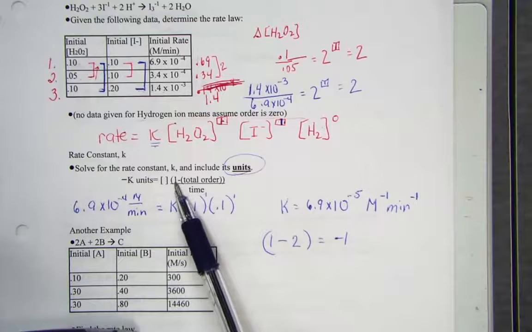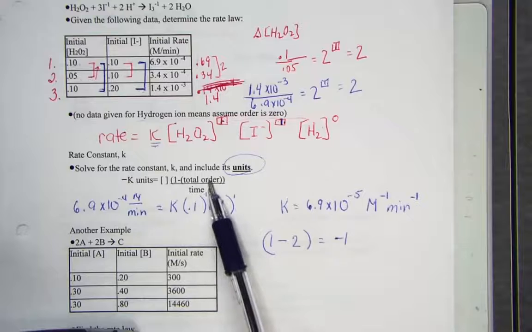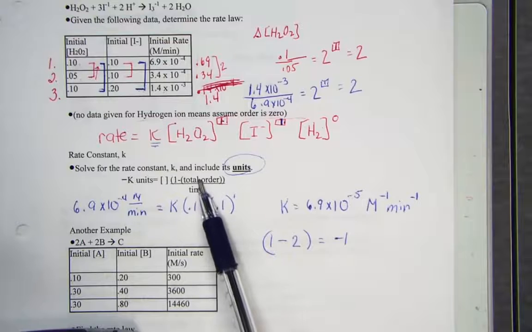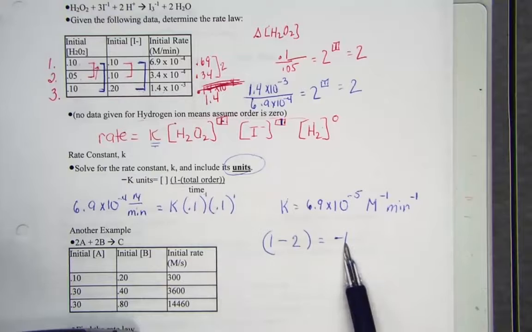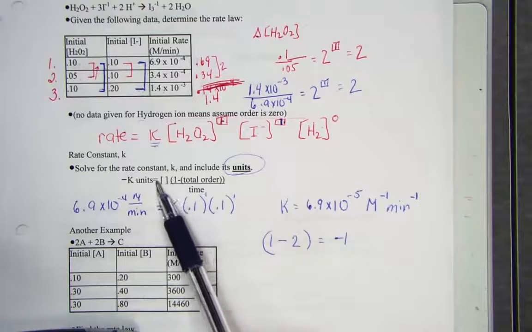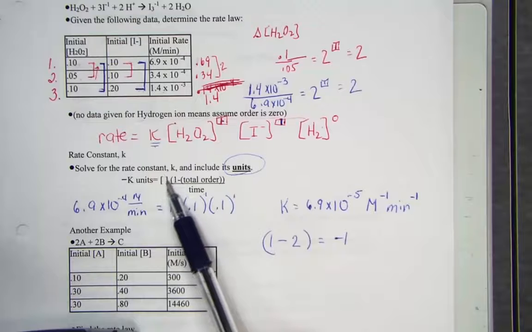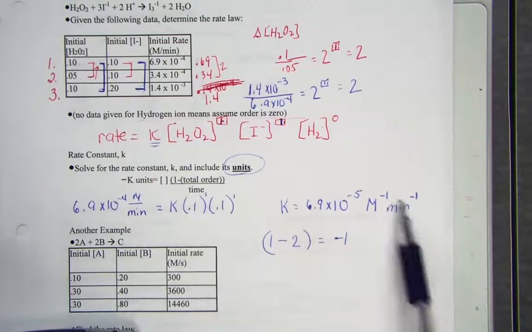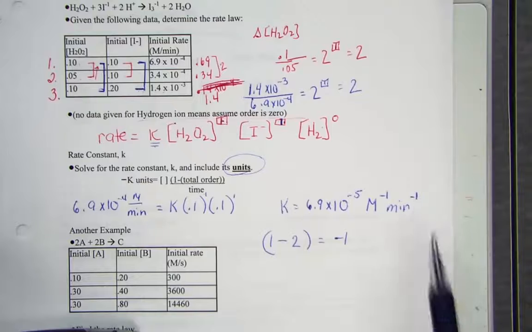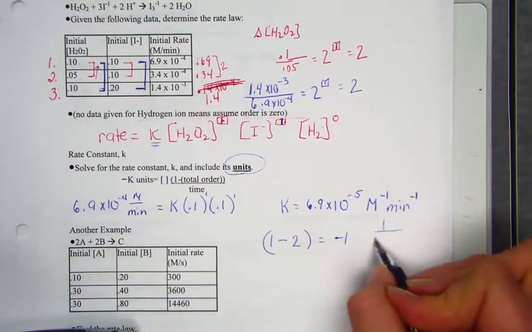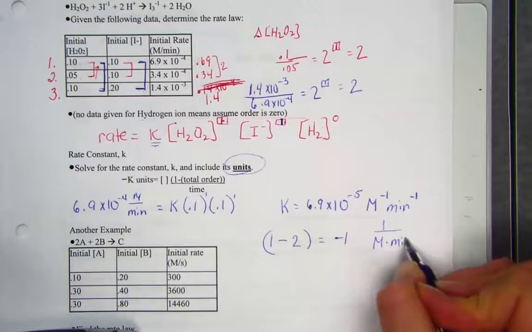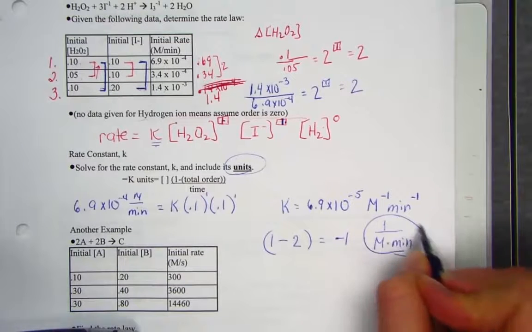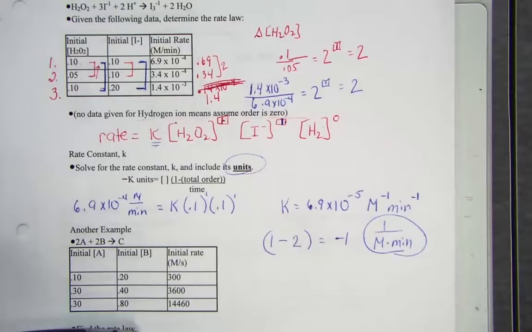We start with 1, the integer 1, and subtract the overall order of the reaction. 1 minus 2 gave us negative 1. That concentration unit is molarity. Those little brackets stand for big M, molar units. So molarity to the negative 1, minute to the negative 1. That's the same as writing 1 over molarity times minute. But we'll see that written instead of as a fraction, but with the negative exponent.